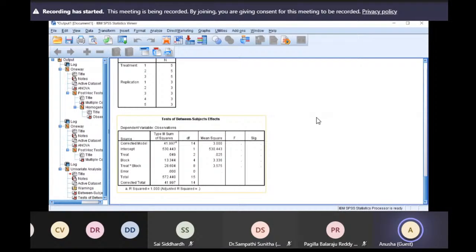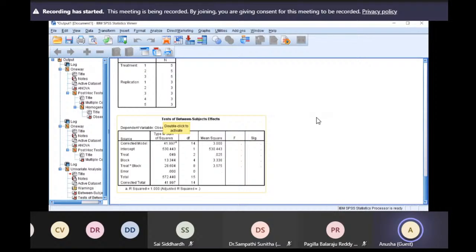So what is the problem with this one? You have to increase either the treatments or the replications. If you are increasing the replications, then automatically the error will have some degrees of freedom. That means observations must be repeated.